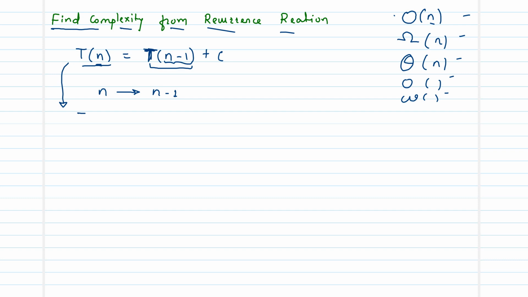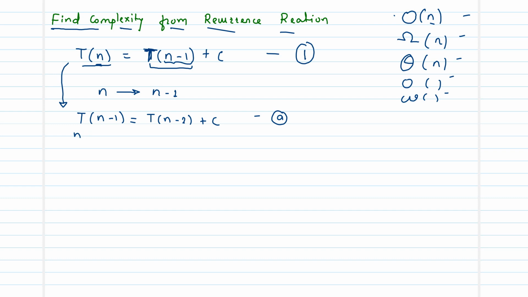Let's call this equation number 1. T(n-1) will become T(n-2) + c. That is equation A.